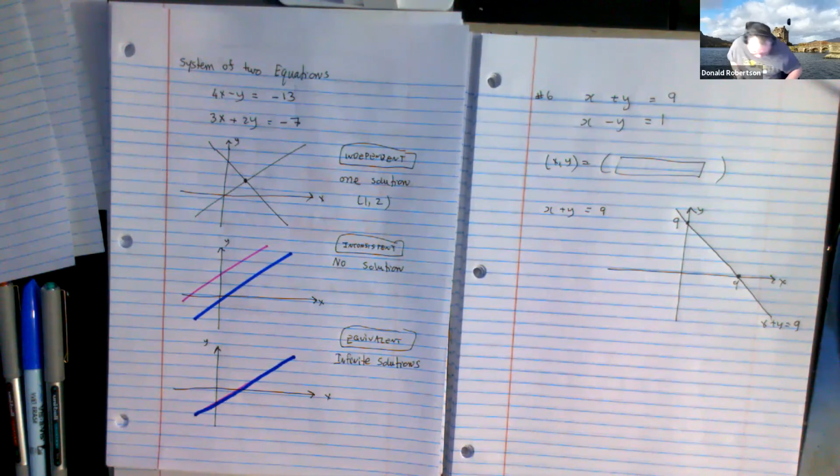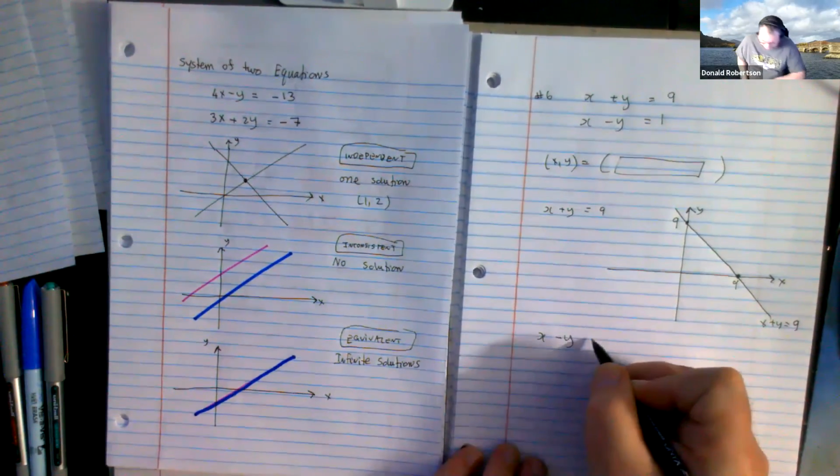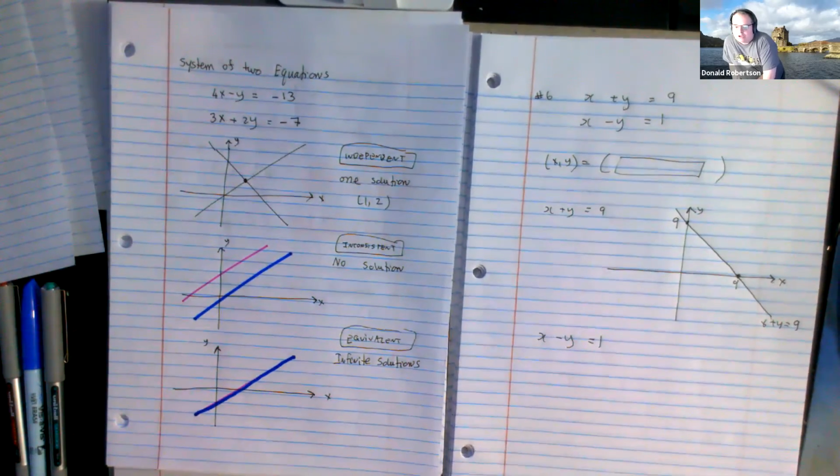Right, let's look at x minus y equals 1. Okay, I want to draw that one. Tell me how I can draw this equation. Tell me a method I might use.